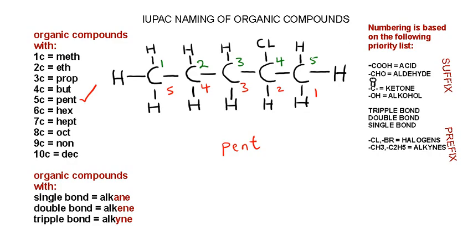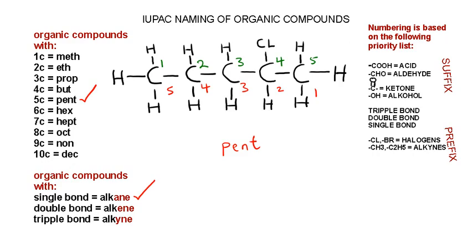Now let's find out the bond that this organic compound has. If you look at it, you will see that it has a single bond, and that single bond belongs to the organic compound called alkane.